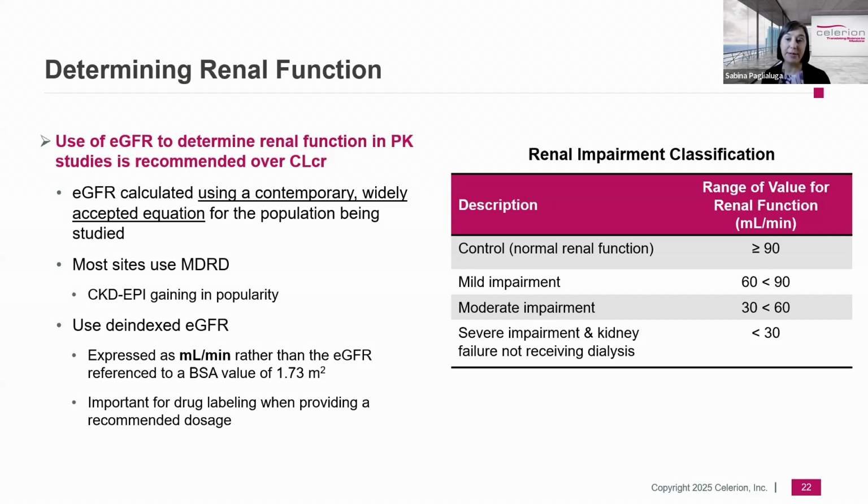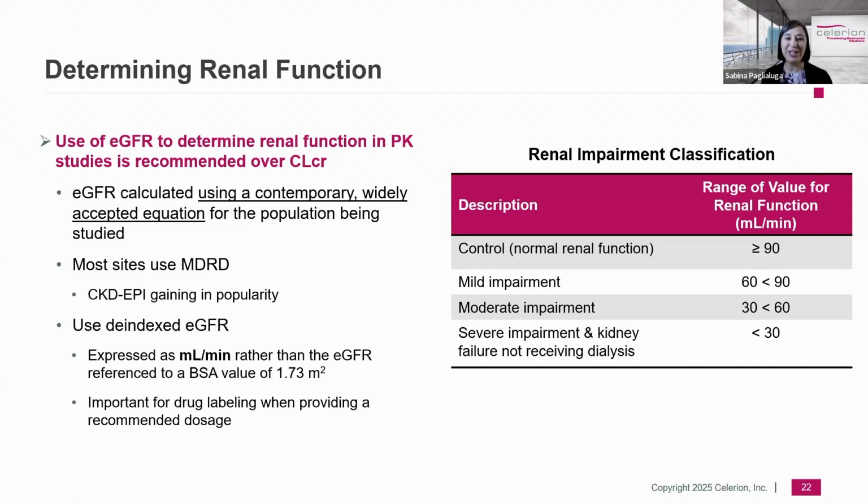We haven't seen widespread use of the combined formula yet, but given the endorsements from the kidney associations, this may be changing soon. And then again, it's important to de-index the eGFR and provide the values as mL/min.